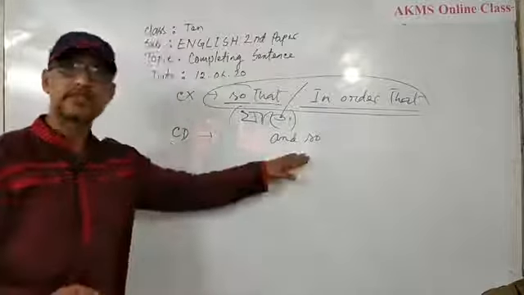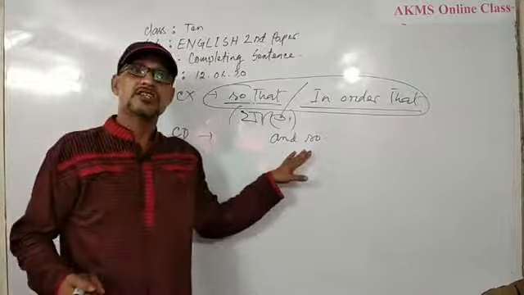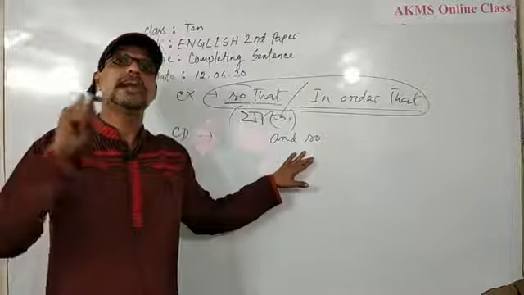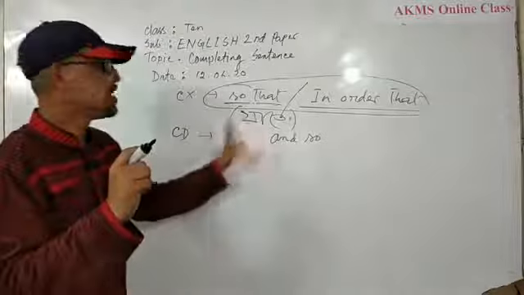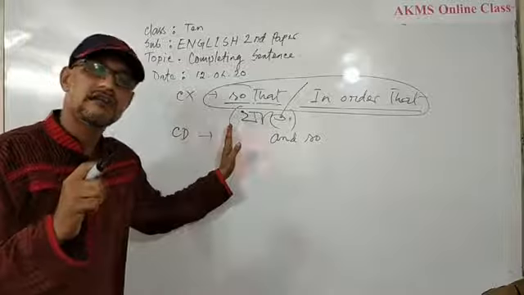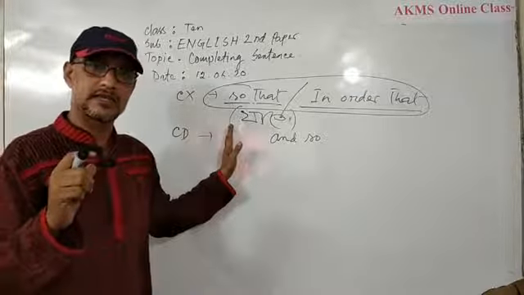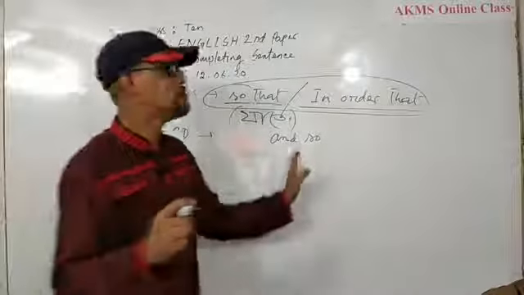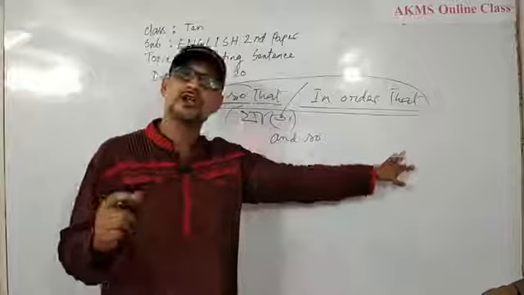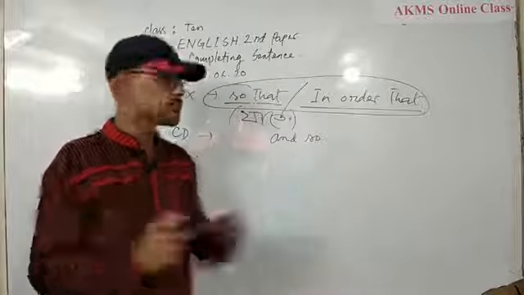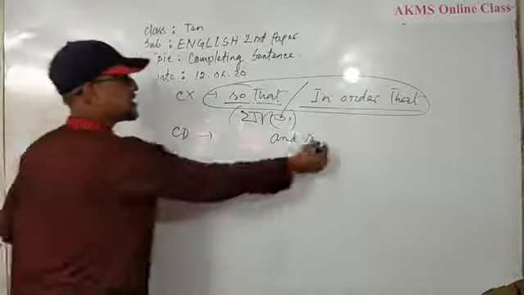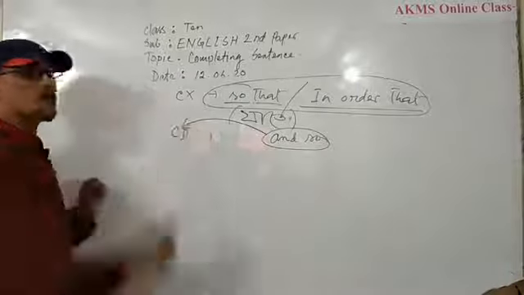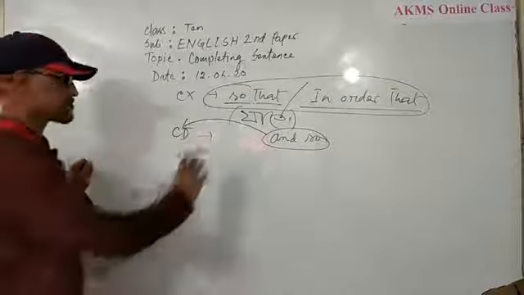In a compound sentence, the action that will be done first should be at the very beginning of the sentence, and the next action will be given after the conjunction. That means and so. Dear students, and so is a conjunction that is used to make a compound sentence.